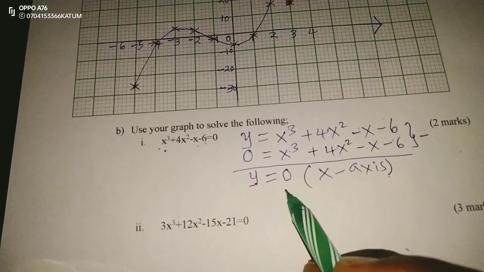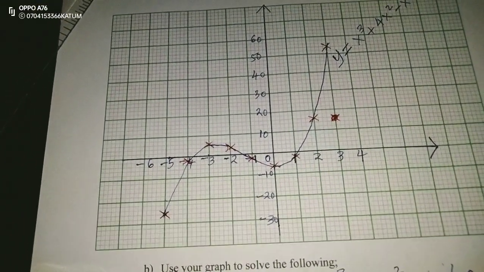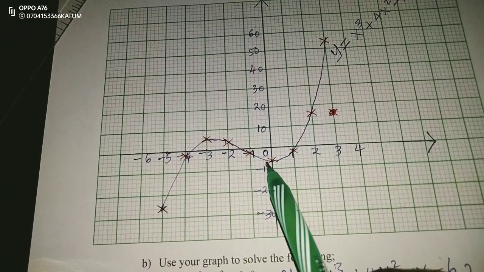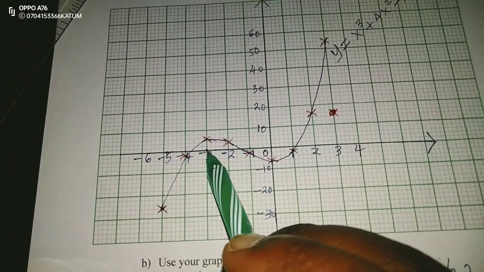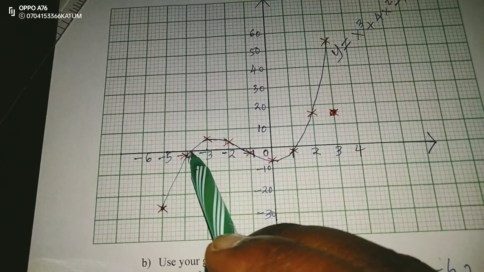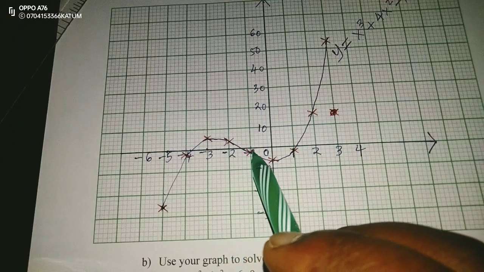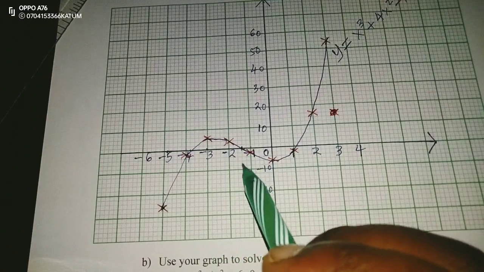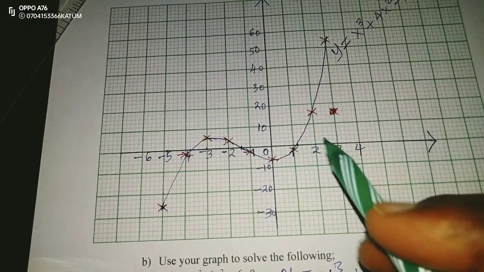Where this line cuts the graph, those points are going to be, we're going to read them. This is negative 3.8, negative 1.4, and I'm also having positive 1.2.